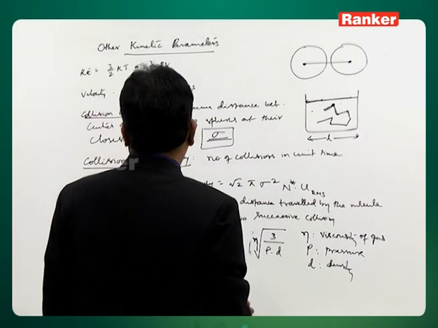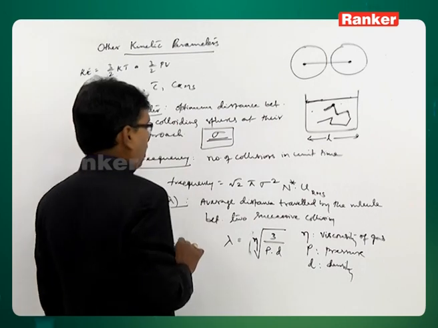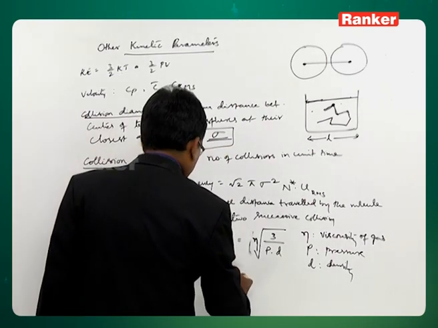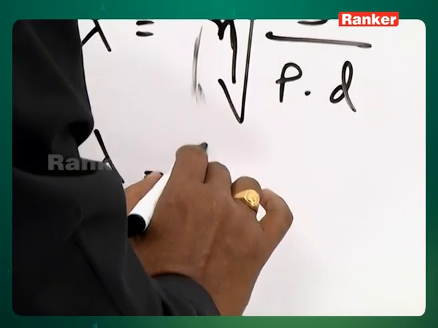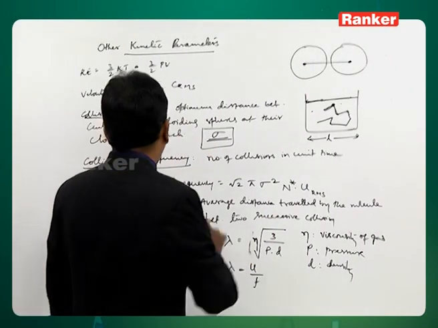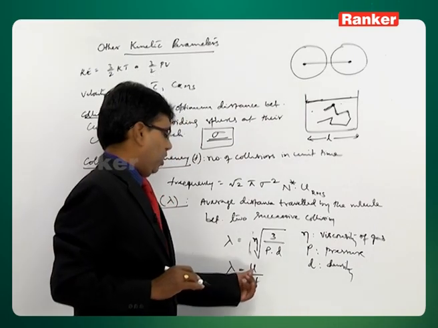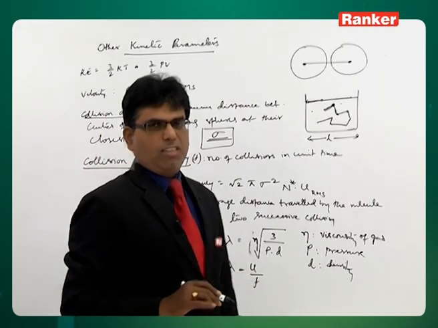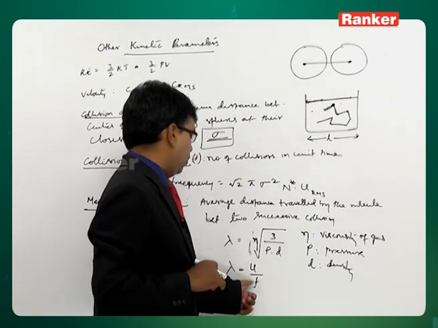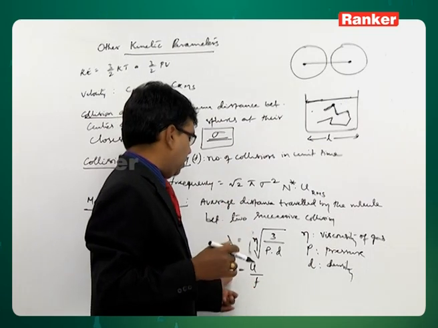Now this lambda, equal to eta root of 3 by PD, is in fact equal to velocity by collision frequency. If I represent the collision frequency with the symbol F, this is the distance travelled in unit time by the number of collisions in unit time, which will give you lambda.